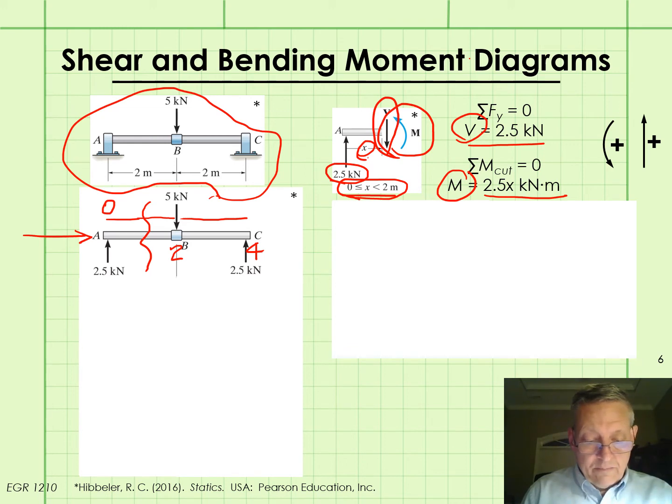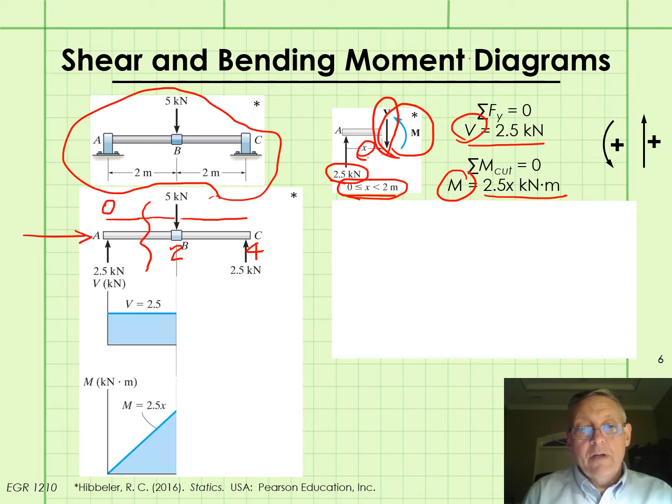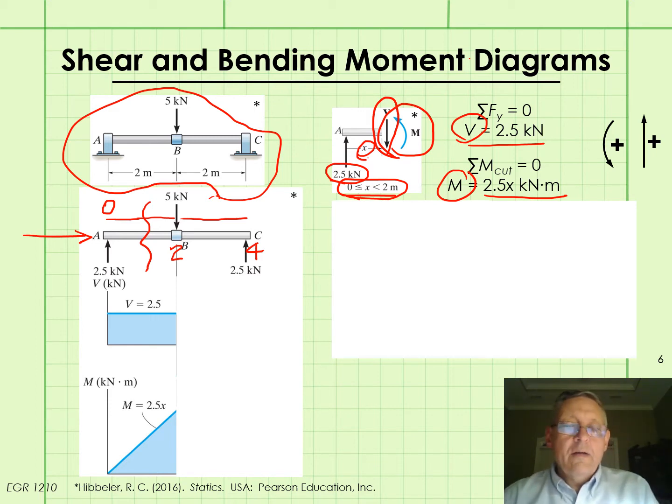Now, along with solving for those, which is step 4, we're going to plot those. And we generally show the plots right underneath the free body diagram of the entire beam.